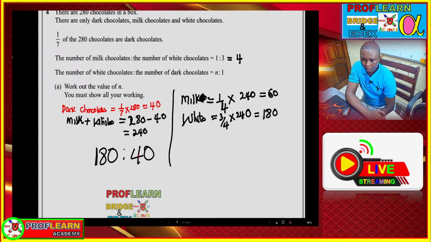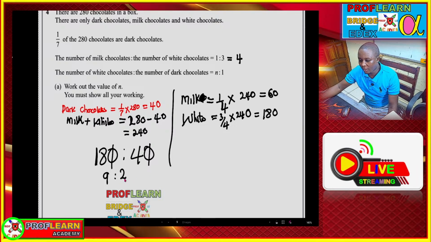So in that way, we have white 180 to dark 40, and in the process of solving that, if we simplify, 0 and 0 will cancel out. 2 goes here 9 times, and 2 here goes 2 times.